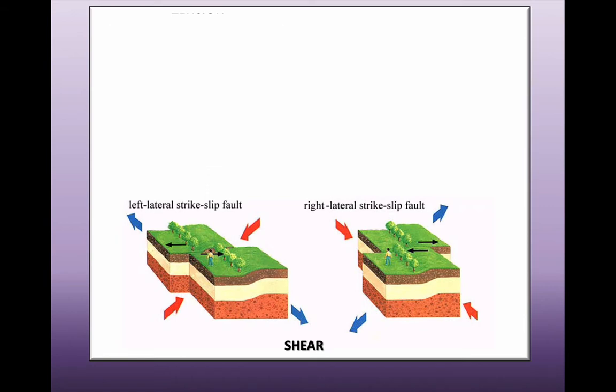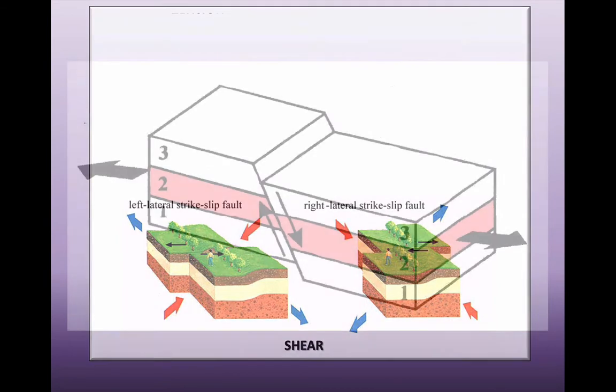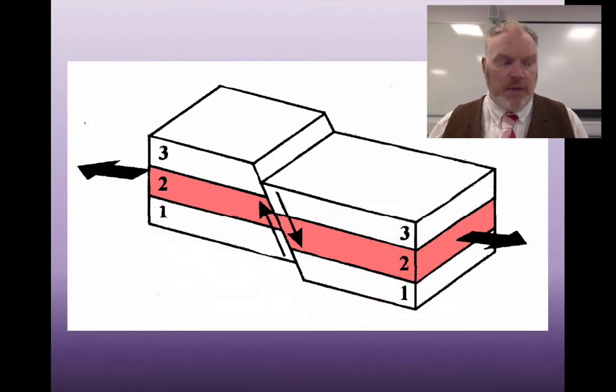Having explained that, let's see if we can put it into practice. Question B on page 7 gives you 3 simplified fault block models. This one's our first. I've asked you for each of these to colour in bed 2 like I've done here.